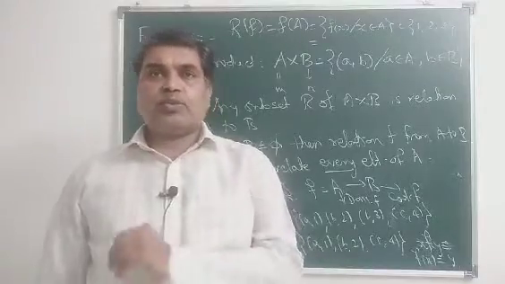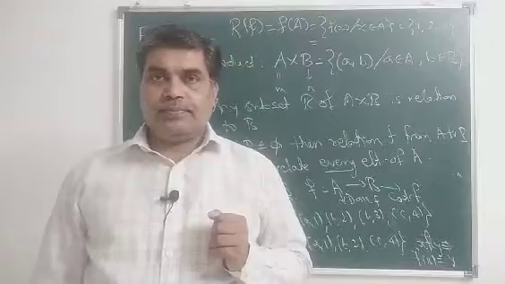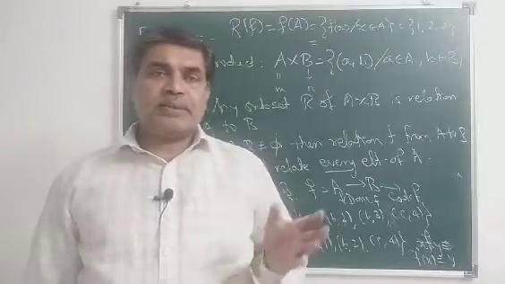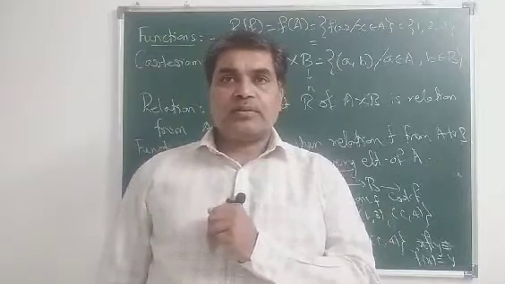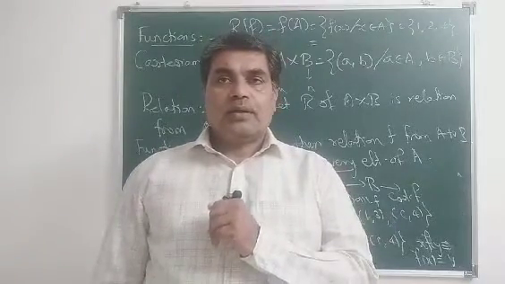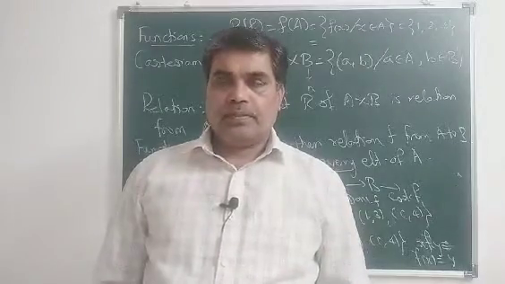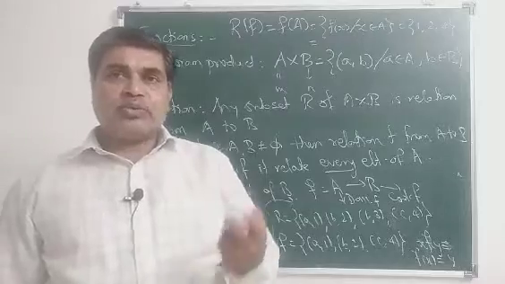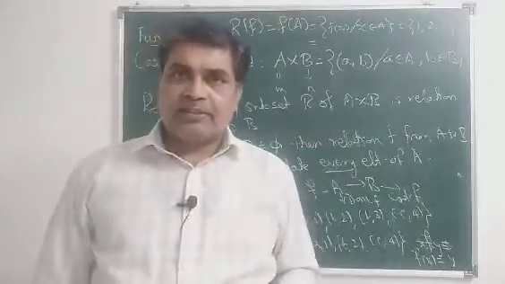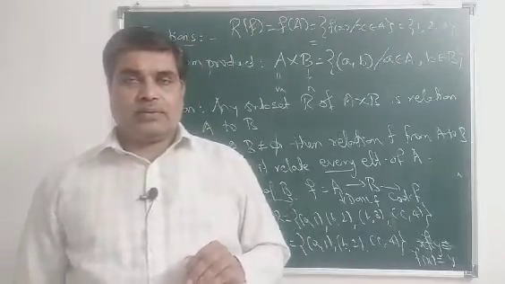One-one function is also known as injective function or injection. While a function f is said to be a bijective function or one-one correspondence if it is one-one and onto both. If a function is not one-one, means you will get at least two distinct elements having the same image, in that case that function is called a many-one function.